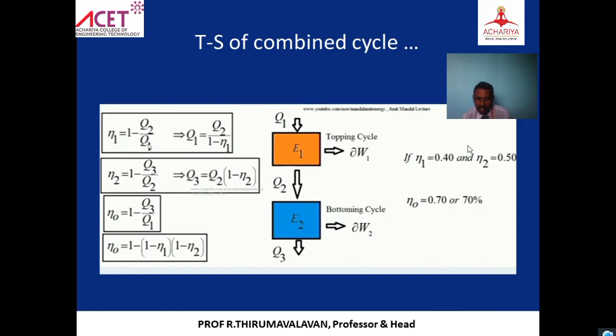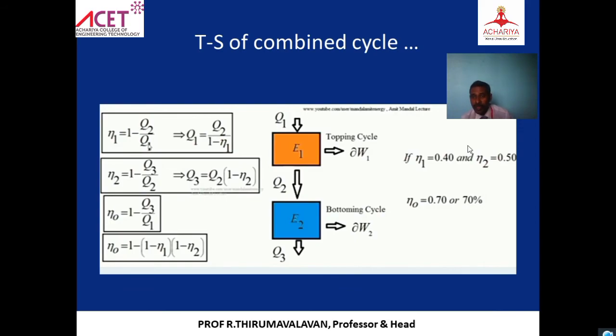So 0.5 into 0.6 is 0.3. Then 1 minus 0.3 is 0.7. So the efficiency is 0.7, which in percentage is 70%.